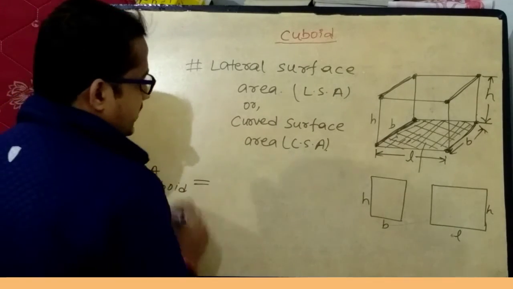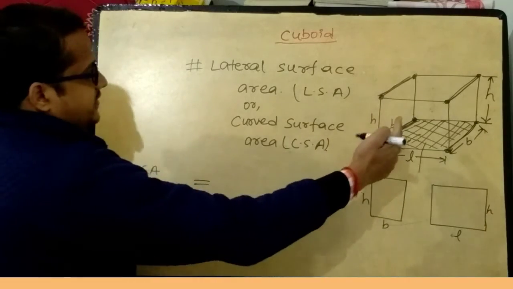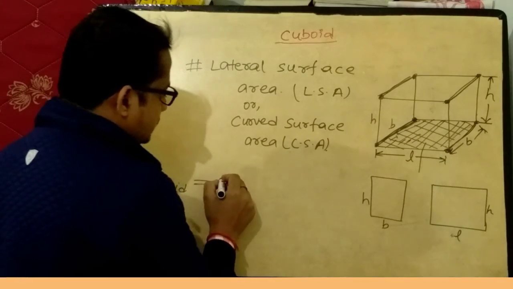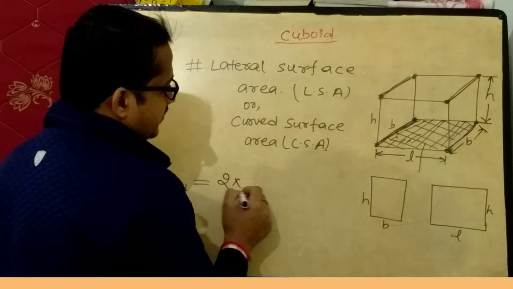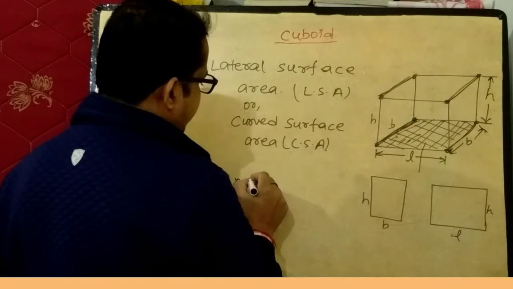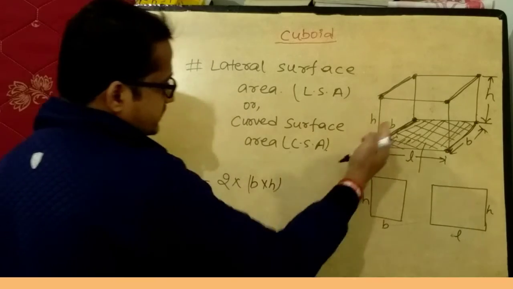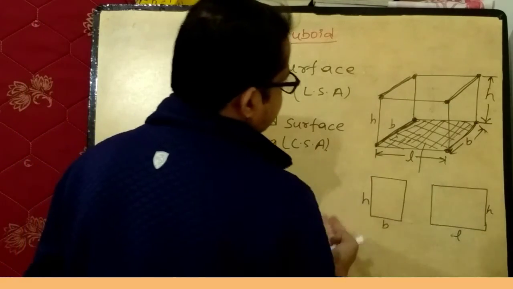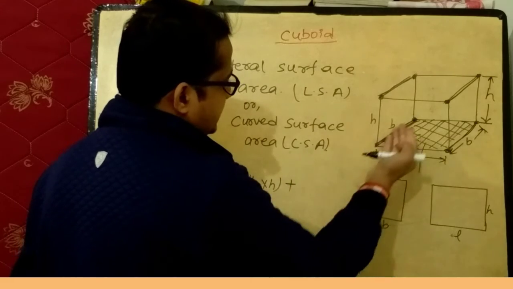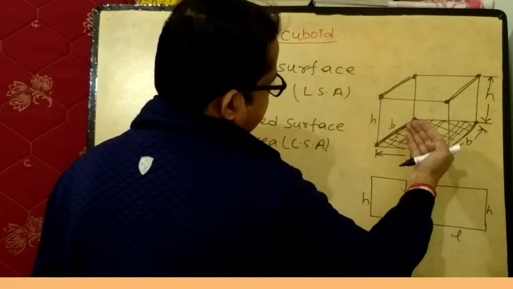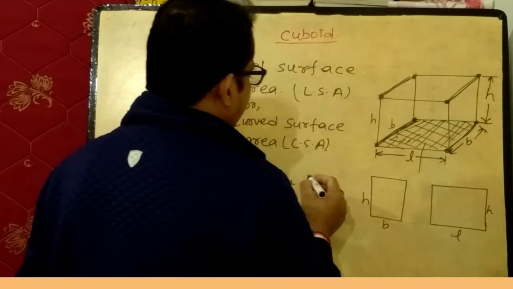cuboid equals, what are the areas? Two faces having length B and breadth H. This is left and this is right, and next one is two surfaces, that is front and back.